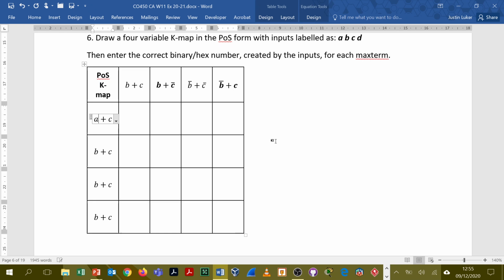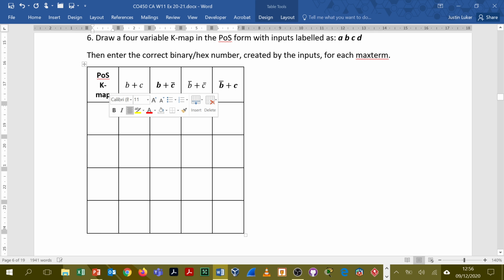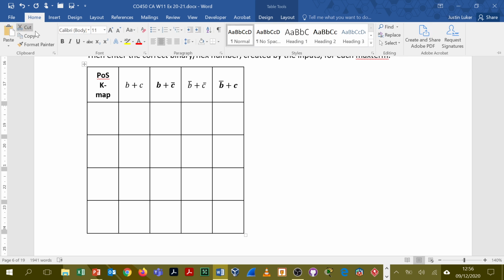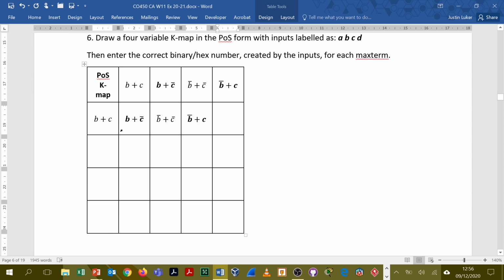Okay, so starting at A, B, and just coming down. Oh, seems to have lost the not. Oh, I see. Ah, right. Okay, I see what I did wrong, trying to be quick. It wants to paste it that way. Shortcuts in Word sometimes aren't very shortcutty.